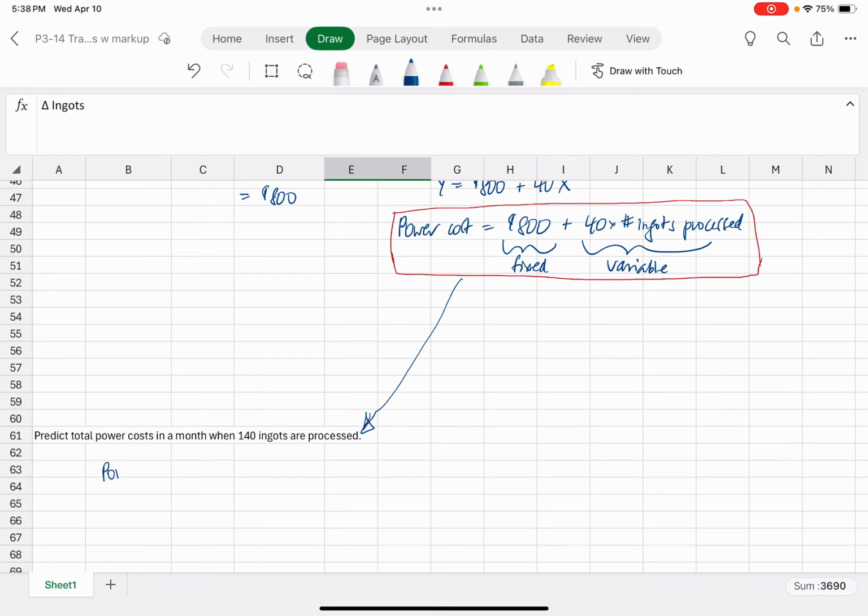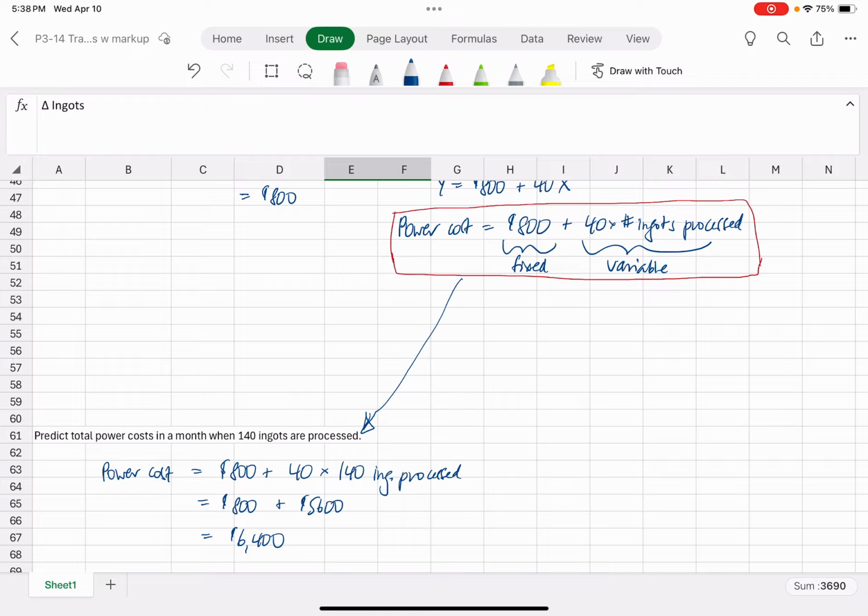Power cost, I expect, will equal $800 plus 40 times 140 ingots processed, equals $800 plus 40 times 140 is $5,600, which is adding those two together, $6,400.